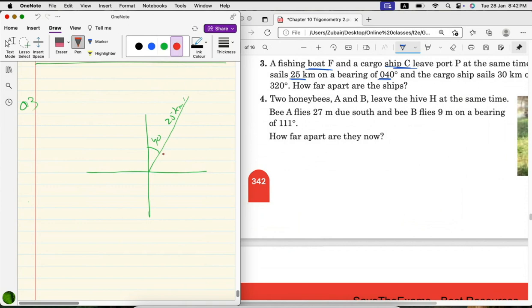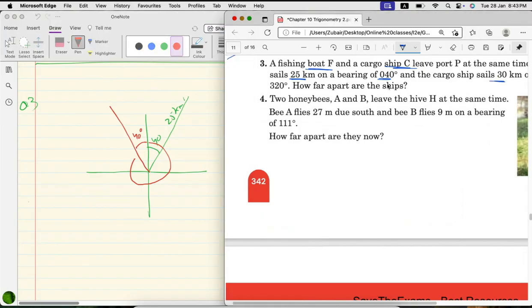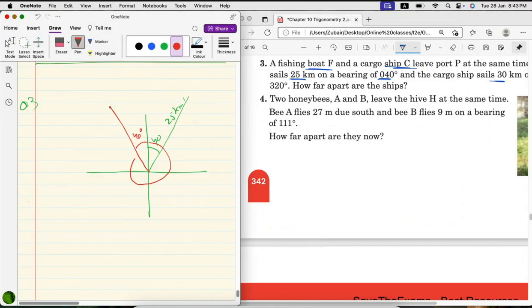Now that's 320. We know that this is 90, then 180, then 270, and then more than that is 320. The difference between 360 and 320 is 40. So both angles are 40, but this time the distance is 30 kilometers. The previous distance was 25. That's a little more than that, 30 kilometers.